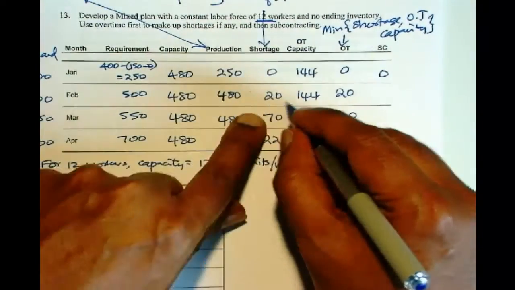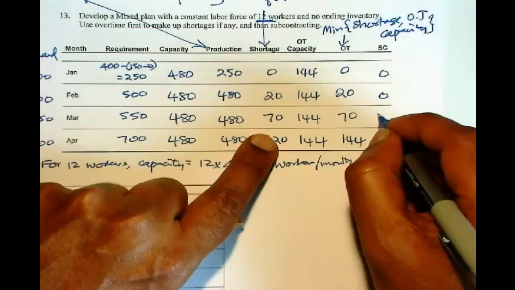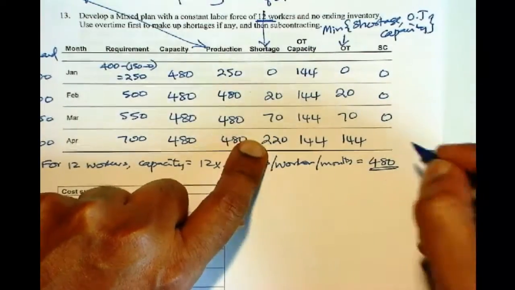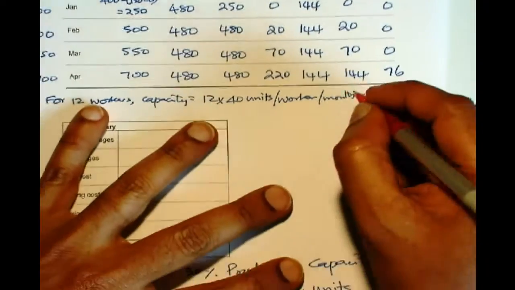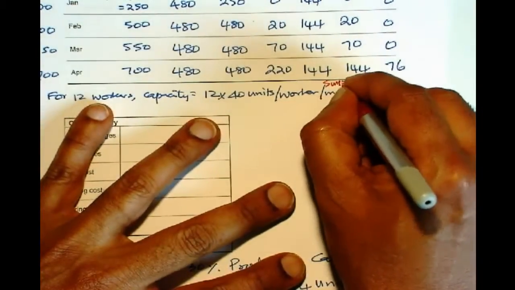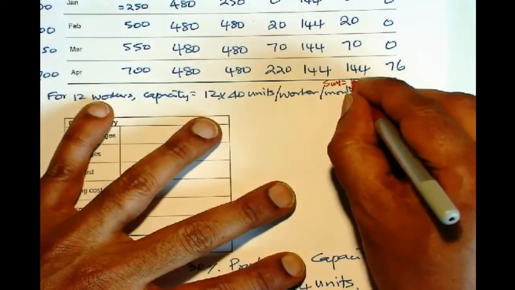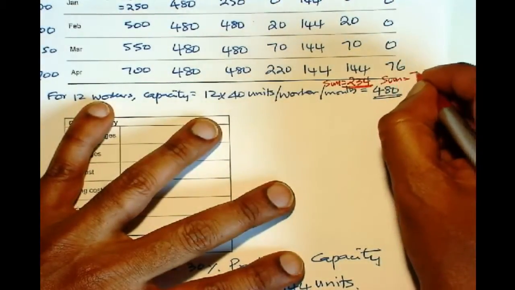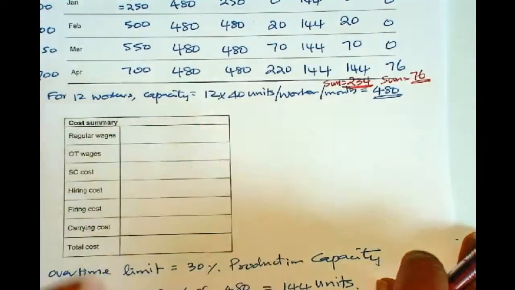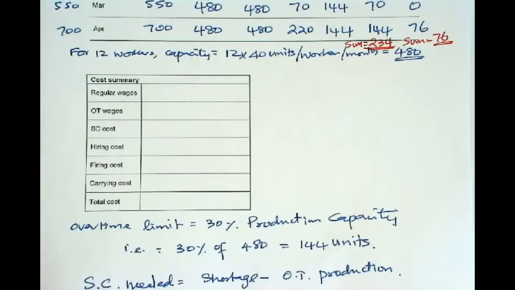So that will be 0. That will be 0. And you have 76. So you have to sum these. This is 234 for overtime and 76 for subcontracting. Now let's compute the cost.